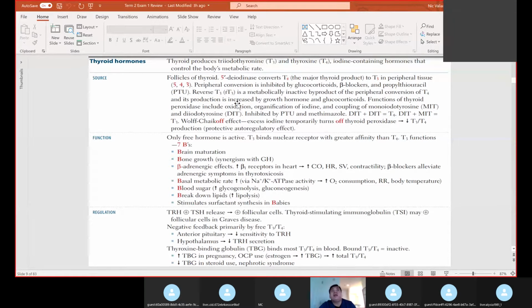Reverse T3, think of it as an inactive form of T3, commonly seen elevated in what thyroid disorder? A, hypothyroidism, B, hyperthyroidism, C, euthyroid. Hypo.